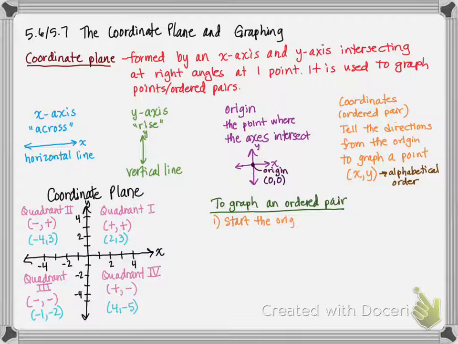So you're just taking your pencil point to the origin. You're not marking anything. You're just kind of resting there. Then you're going to look at the coordinates, and you're going to move from that origin to the x coordinate. Now you're just going to move there. So move to the x coordinate in the ordered pair.